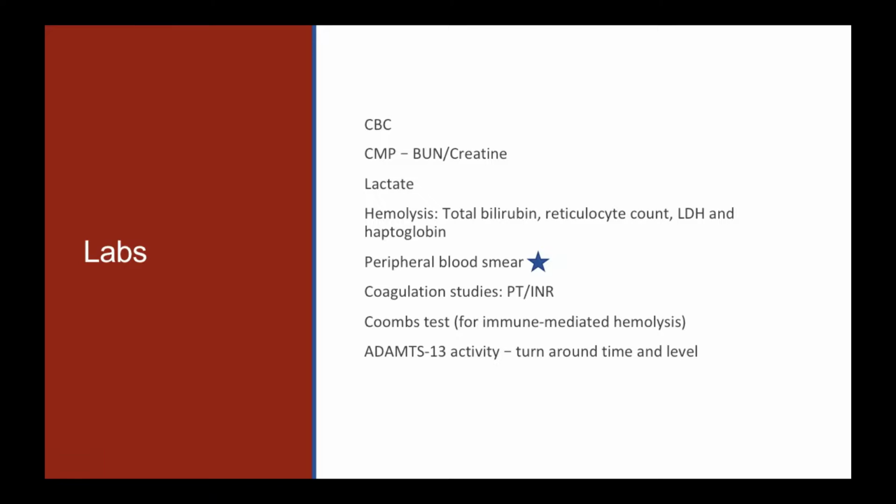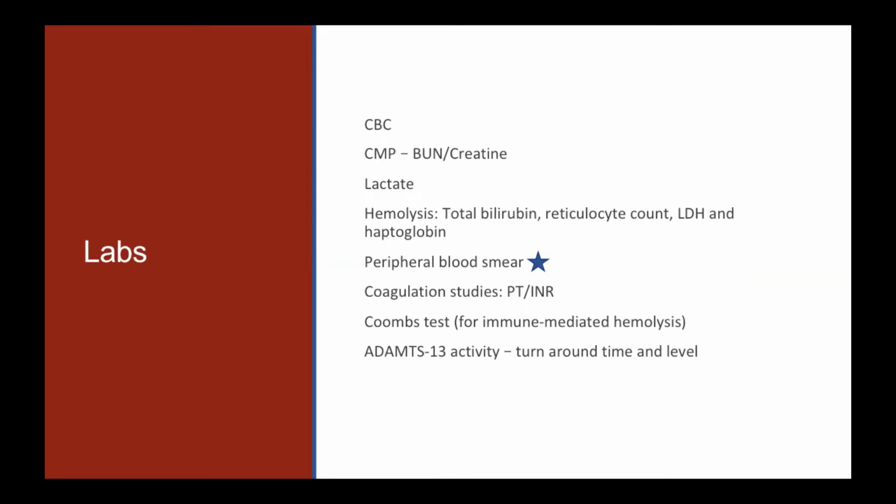We have confirmed the presence of hemolysis previously, but of course this would include labs such as total bilirubin, reticulocyte count, and LDH, and haptoglobin, and the peripheral smear, which is the key test here to confirm MAHA with the presence of schistocytes.